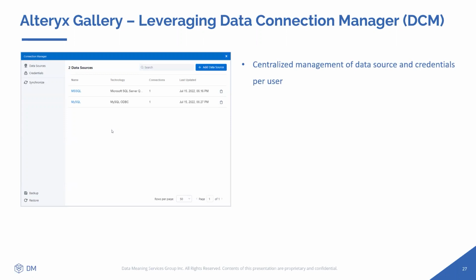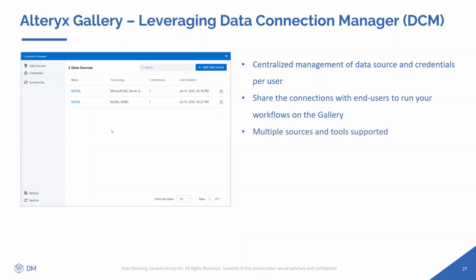And it's basically the same idea. It's a centralized management for data sources and credentials. The difference is that this is per user. With this, you'll be able to share the connections with end users to run your workflows on the gallery. So before, with gallery data connections, it was the admin's responsibility. Right now, this is your responsibility. Multiple sources and tools are supported.